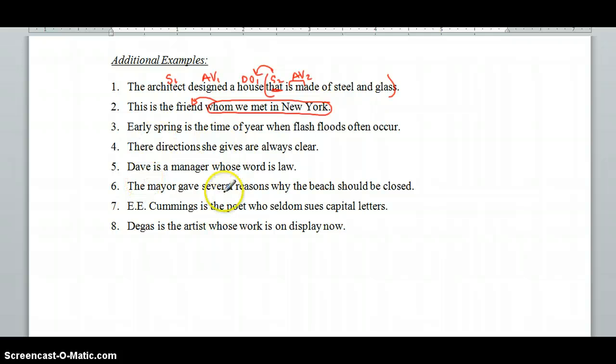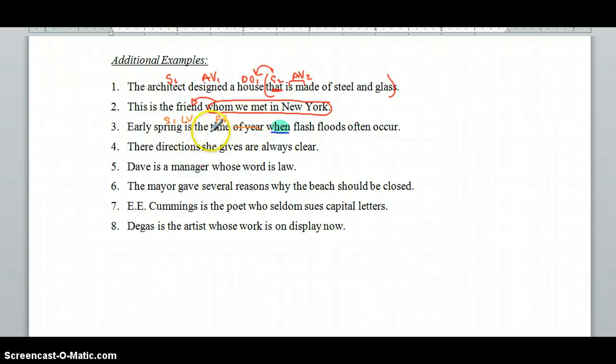This would be a great place to pause the video, try these on your own in your notes, and then come back. Early spring is the time of year when flash floods often occur. When is that relative adverb, so my attention is drawn to that. But if I go through and say linking verb: who or what is? Spring is what? Time, predicate nominative, renaming spring.